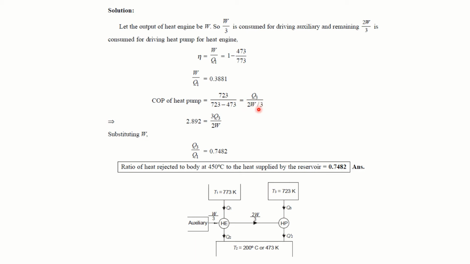So work I have put in this one, this value. So I have got this relationship. So divide, then you will get Q3 by Q1 is equal to this thing. So the ratio is this one, 0.7482. That's all. The Q3 by Q1 is 0.748. That's the relationship.